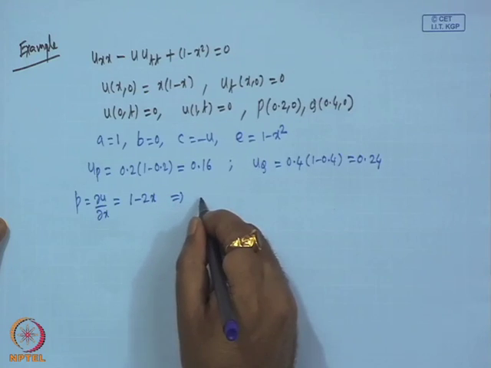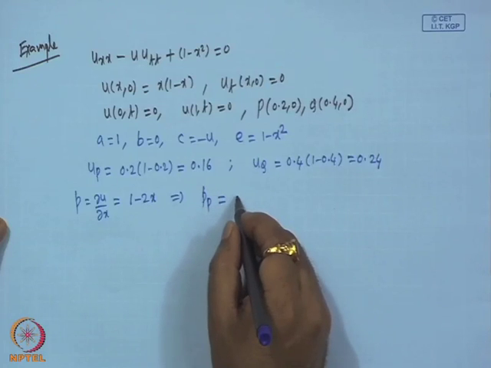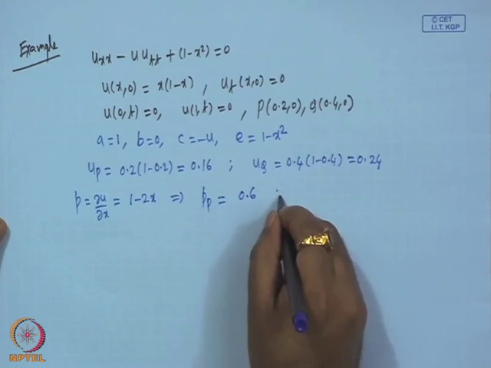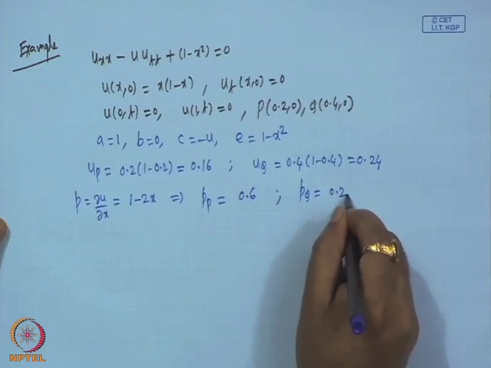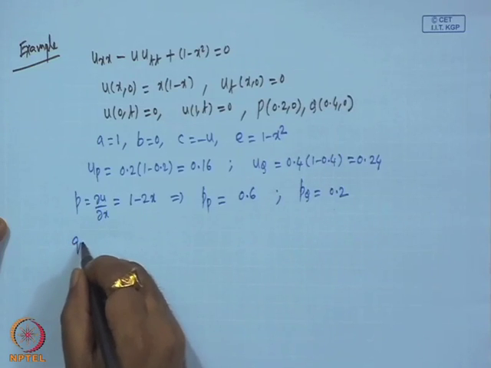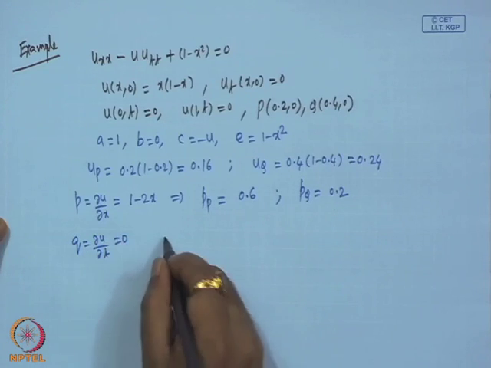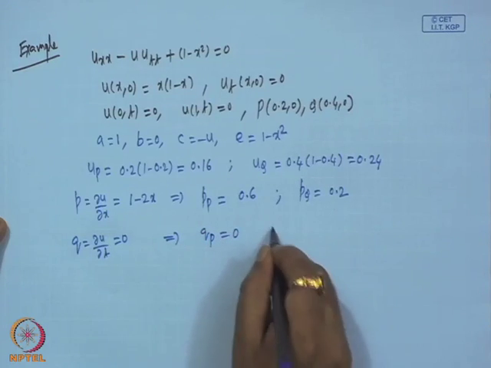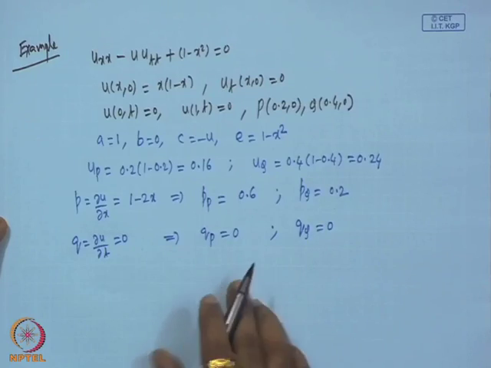This implies PP is 0.6 and PQ is 0.2, just you substitute the points P and Q. Then for Q, this implies QP is 0, QQ is 0. Okay.